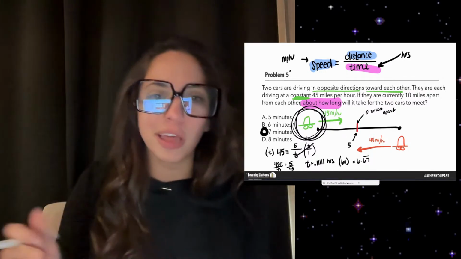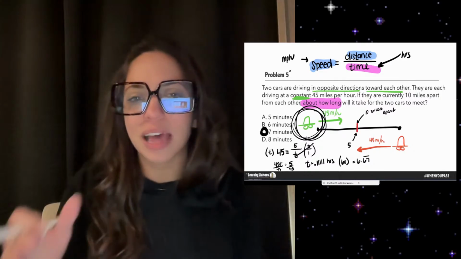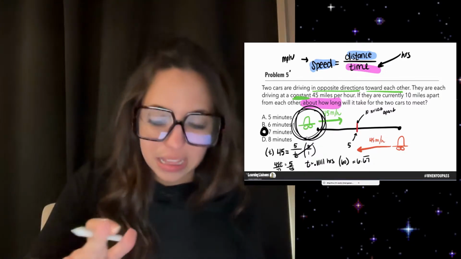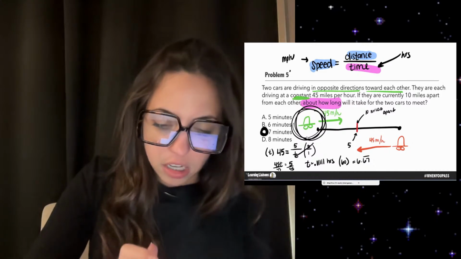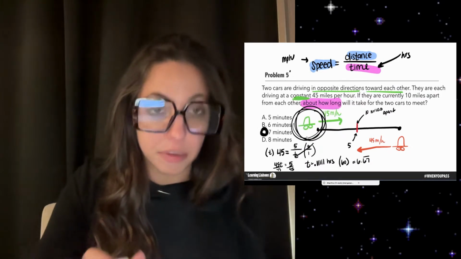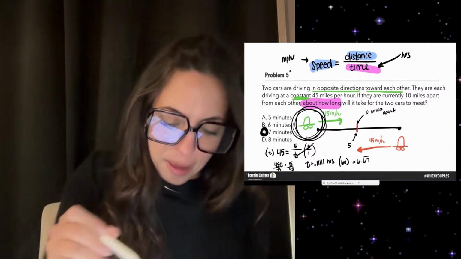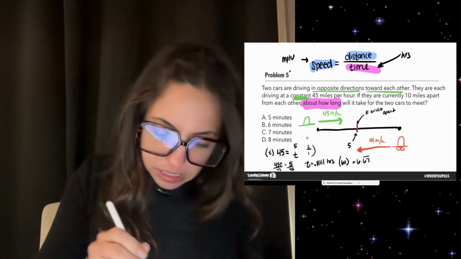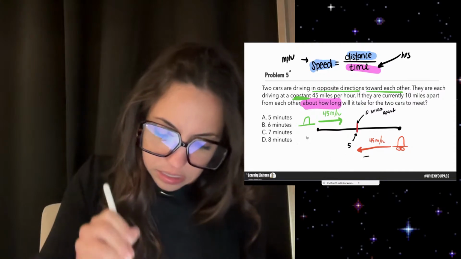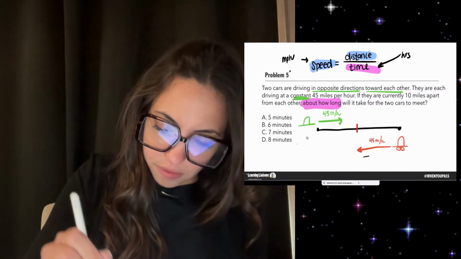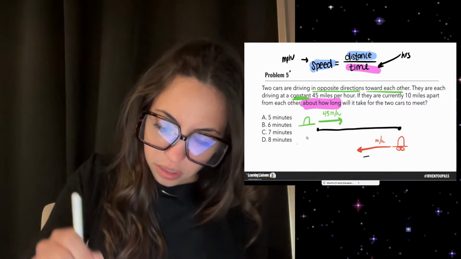Now, some of you are like, how would I solve this if it was like 2 different speeds? Because they wouldn't be meeting in the same spot. Let's go ahead and do a problem like that. This is where I go a little bit off the script, which is okay. But let's go ahead and erase some of this.